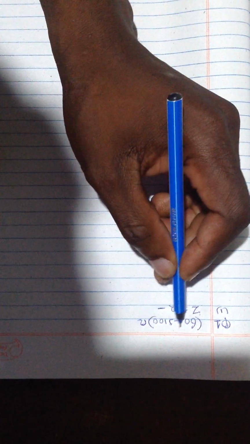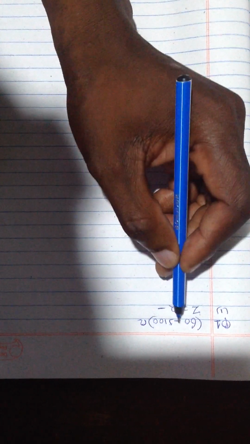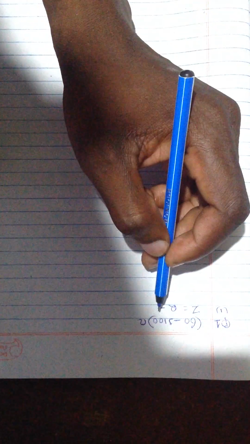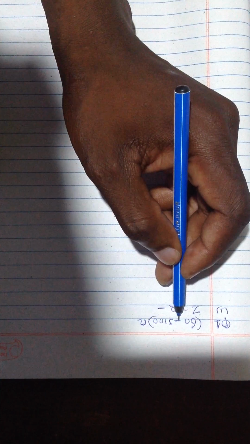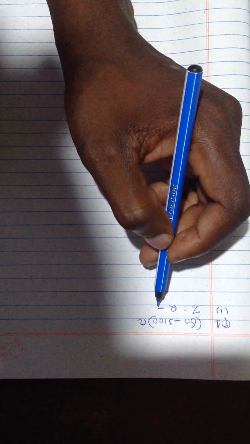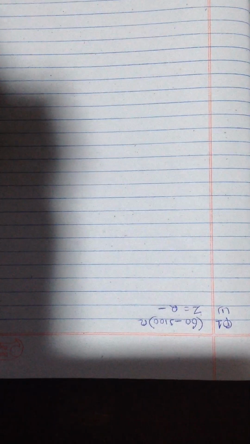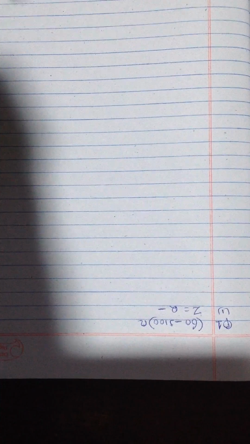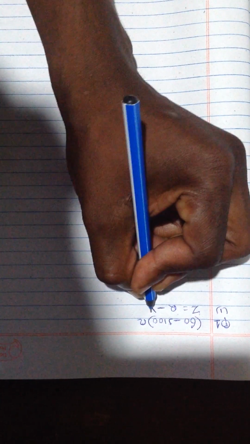But if the imaginary part is positive, the reactance is inductive. Here we have this negative, meaning the reactance we are dealing with is capacitive. So I'm going to have minus XC.